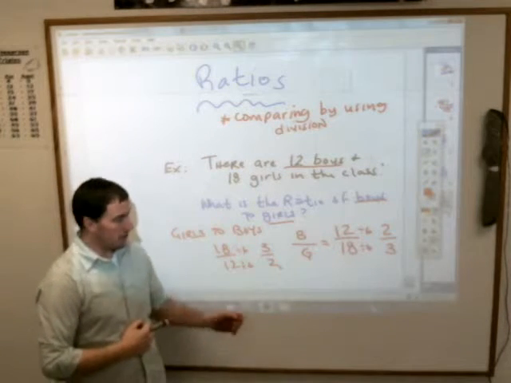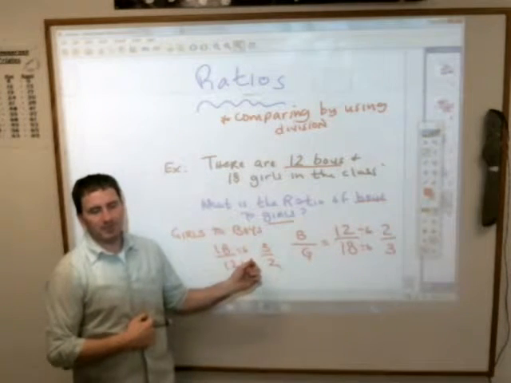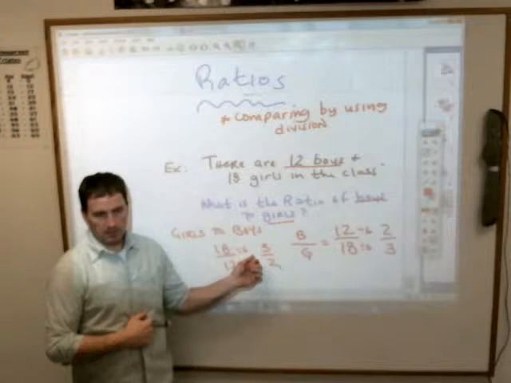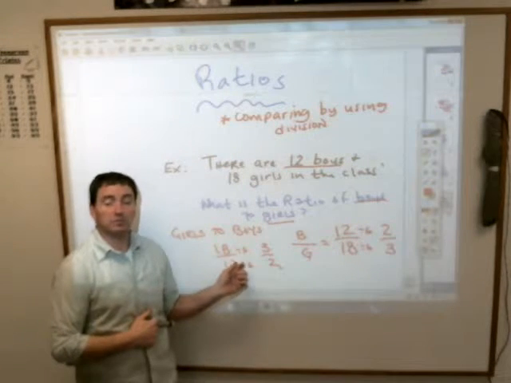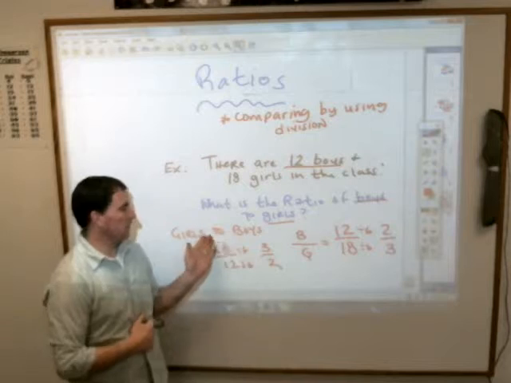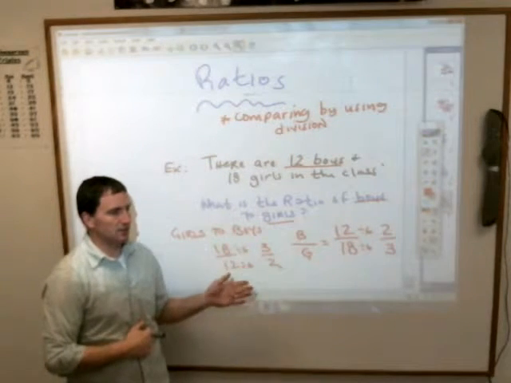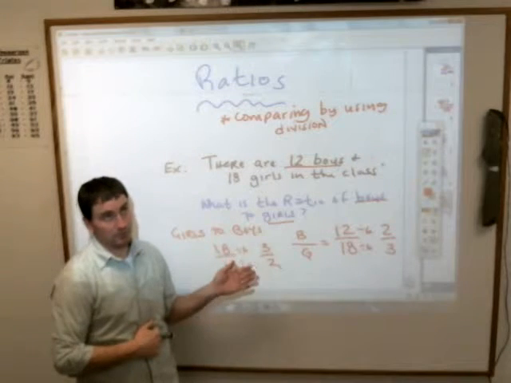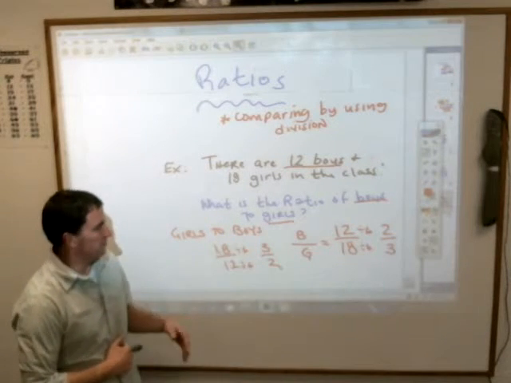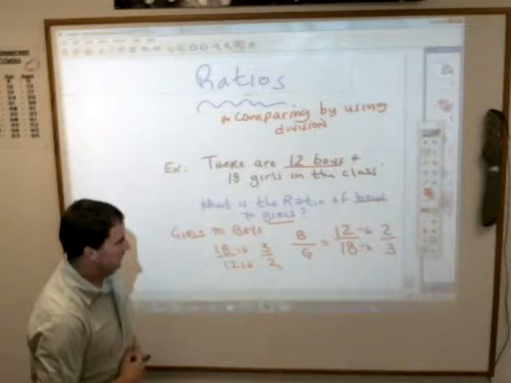When you talk about ratios, you do leave them as improper. They're still reduced, but they're left as improper. So the ratio of girls to boys is 3 to 2. Again, you could say there's 1.5 girls for every boy, but that just kind of confuses people. It's a lot easier to say it's 3 to 2.